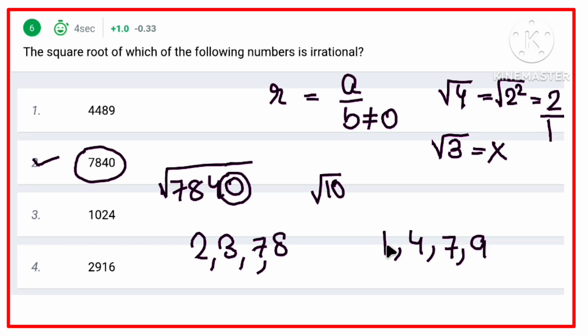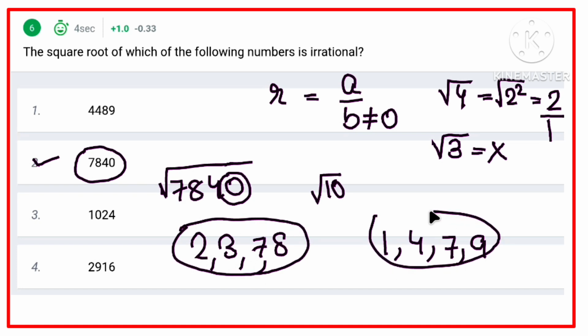Except this, you will not get any other digit sum in case of square number or perfect square number, and you will not get 2, 3, 7, 8 at the end of any perfect square number. These are two important things which you should know, and these are going to be very helpful for you.